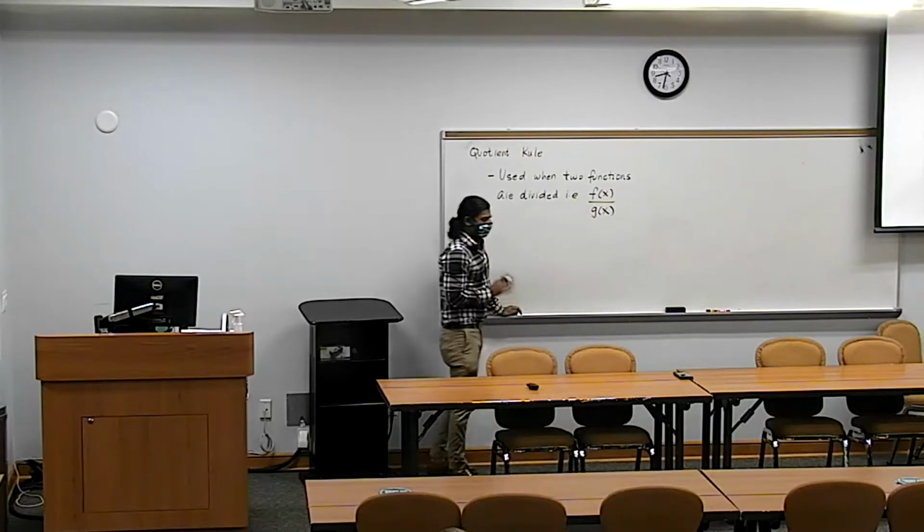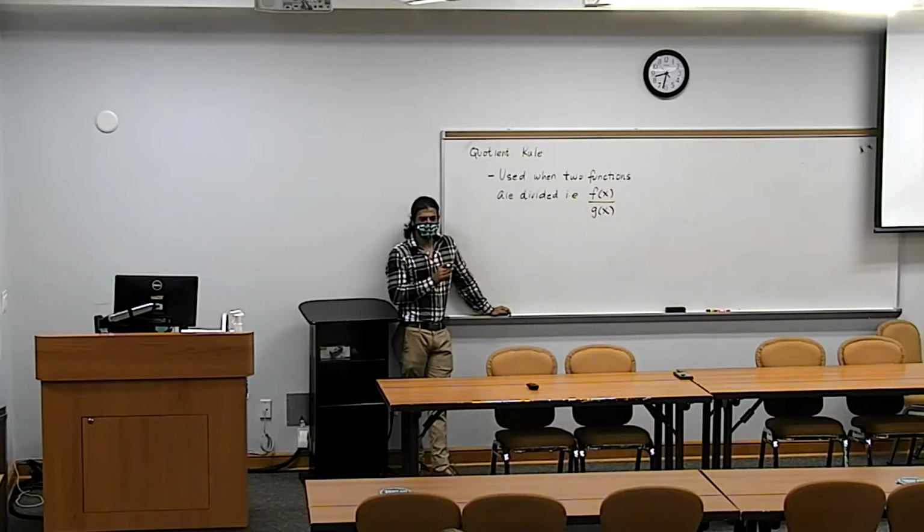So if we have f of x divided by g of x, then we would use the quotient rule.